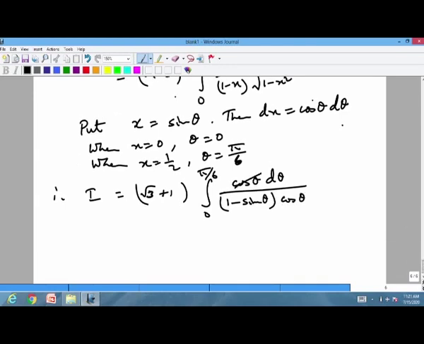So, cos theta cancels and we get integral of d theta by (1 minus sin theta). Now, this is straightforward. What we do is multiply and divide by 1 plus sin theta, then it becomes (1 plus sin theta) divided by (1 minus sin square theta). So, that is cos square theta d theta.